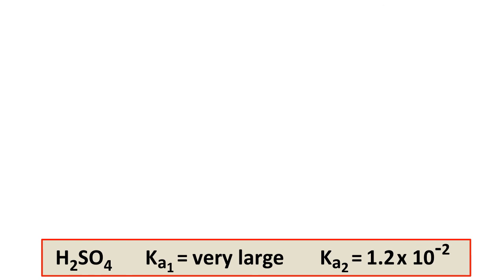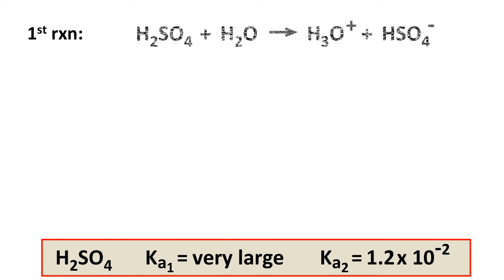Now, how do we calculate with this? Well, the general process with diprotic acids, or for that matter triprotic acids, is to just do things stepwise. Treat one dissociation, then after that's done, treat the second dissociation. So the first reaction or first dissociation is H2SO4 with water makes H3O plus and HSO4 minus.